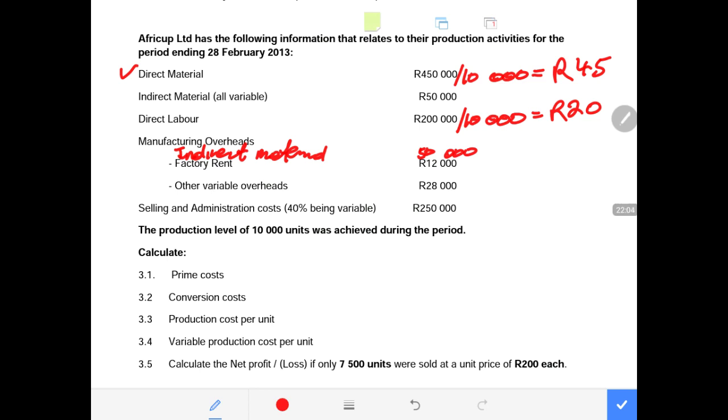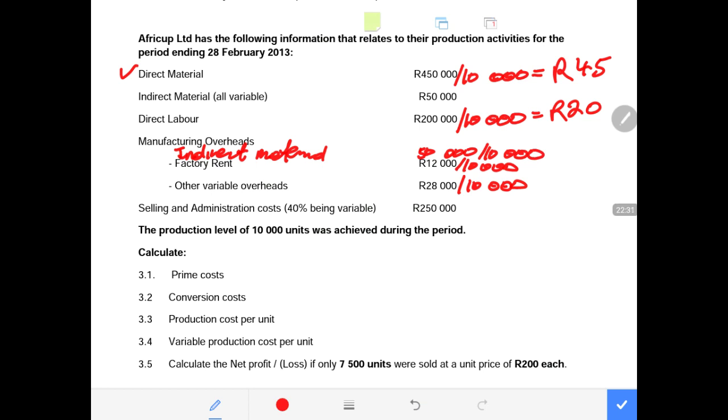Again, we can do the same thing with the overheads, where we divide all of them by the number of units, 10,000. But this would be a very long approach, dividing every component of the product cost by 10,000. That might be time consuming.